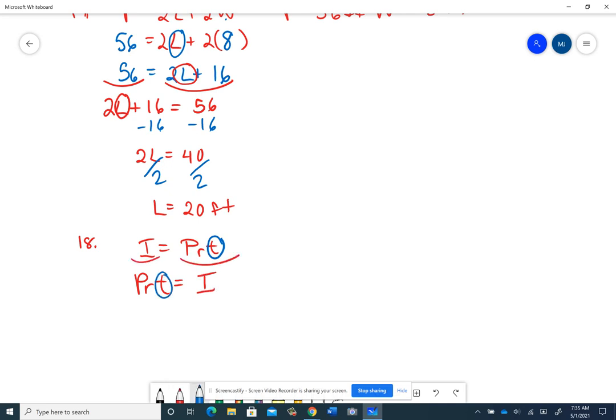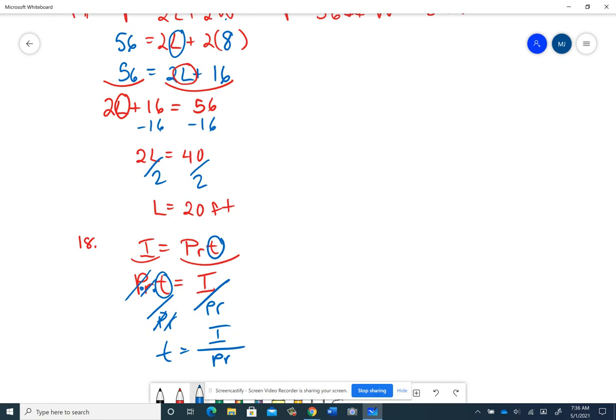Then t is what I'm trying to get by itself. So I'm going to divide by PR here, divide by PR here, because P and R are being multiplied by the t. So if I divide by P, divide by R, that'll knock out those letters, and I'll have just t equaling I divided by PR.